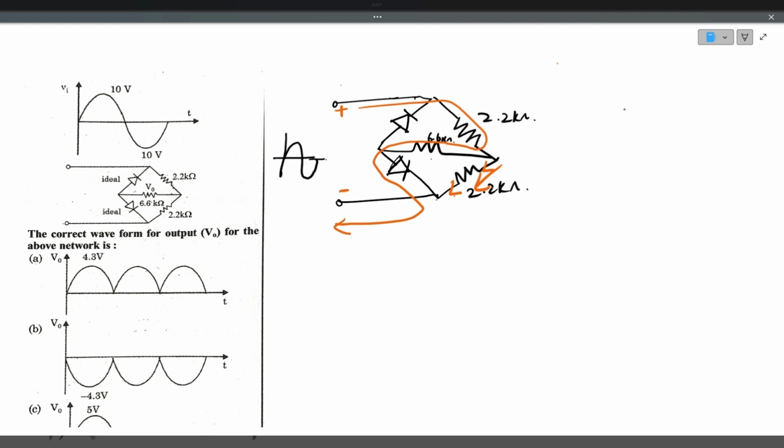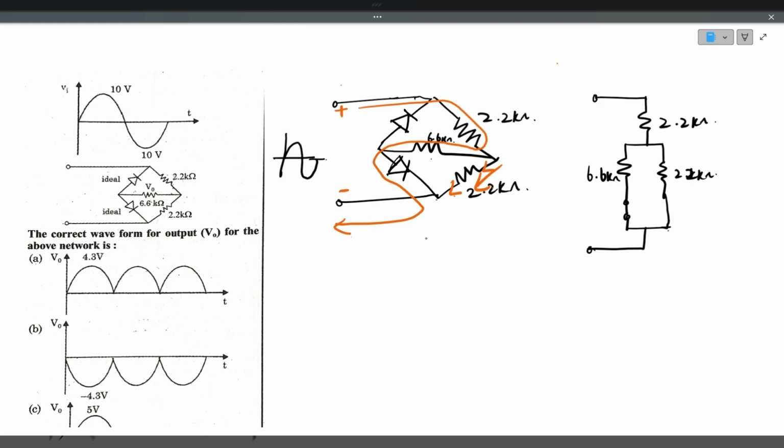So first we'll calculate the current. So if you redraw the circuit for this, the 2.2 kilo ohms will be here, and 6.6 kilo ohm, and one more 2.2 kilo ohm branch will be here. The diode will act like a short circuit in this branch, 6.6 kilo ohm branch. It will be like this.